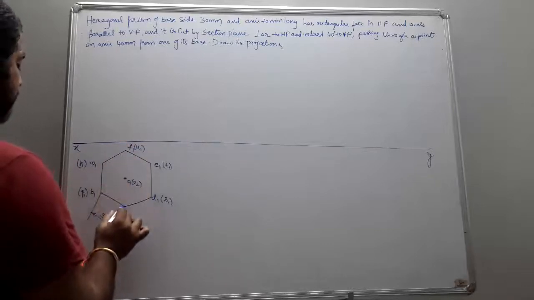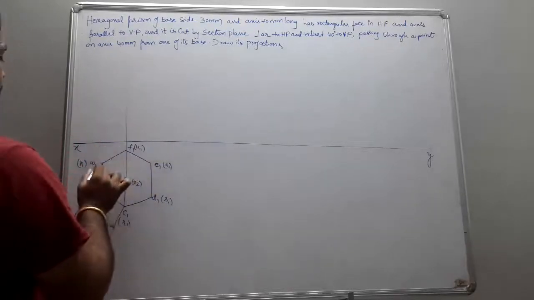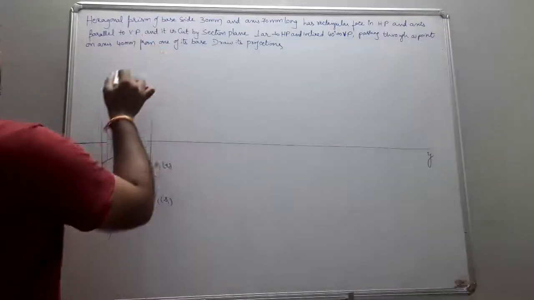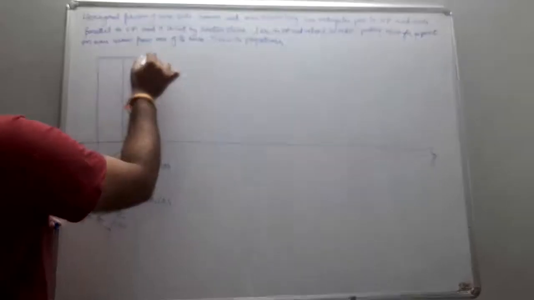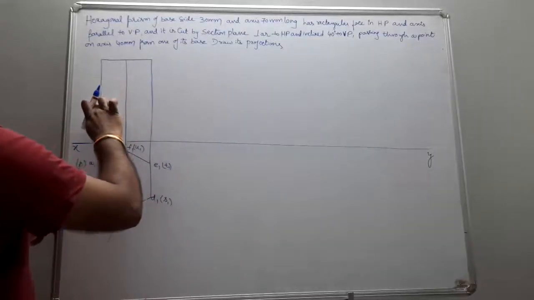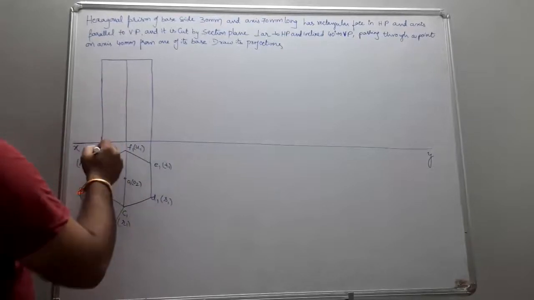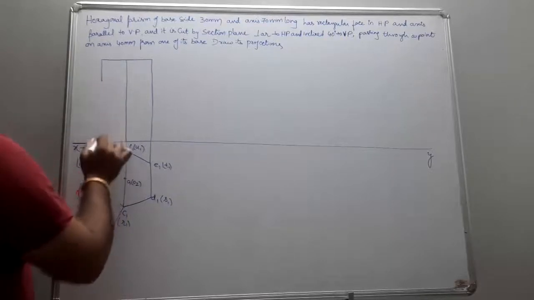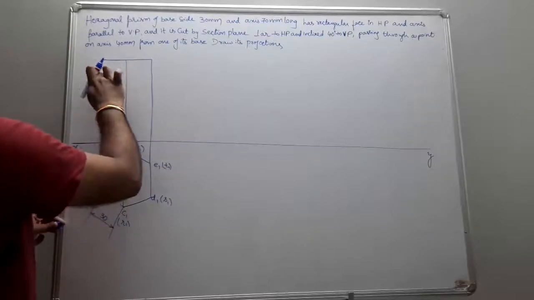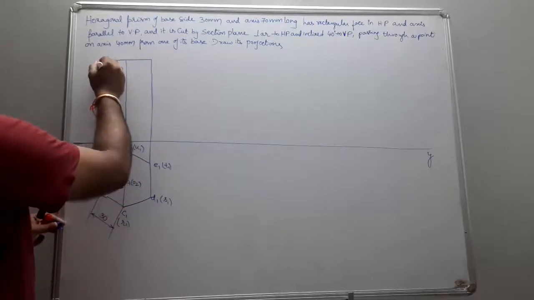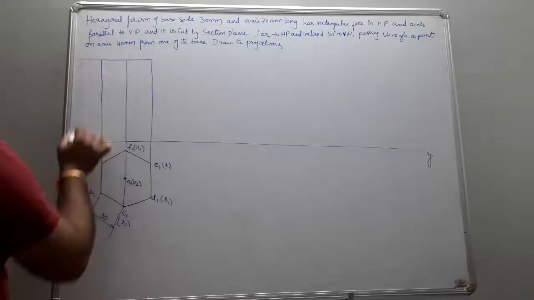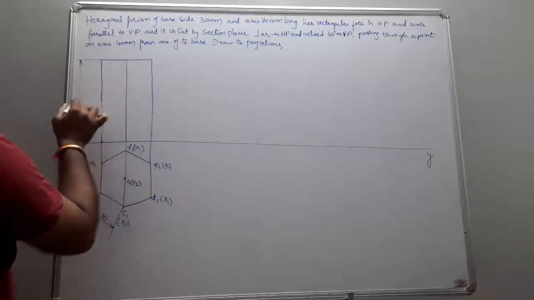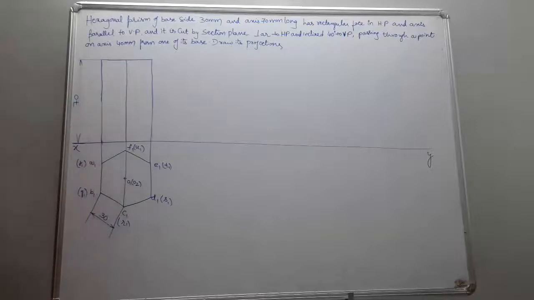So the height of the solid is given as 70. Tell me the points when you are going to be seen from the front.